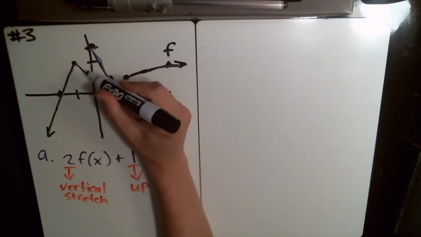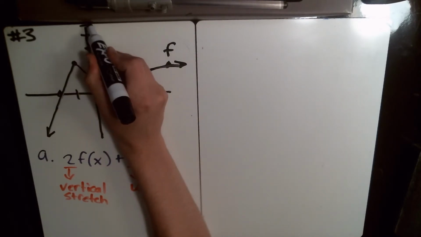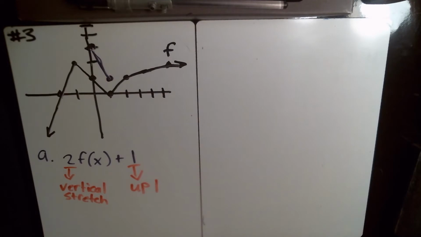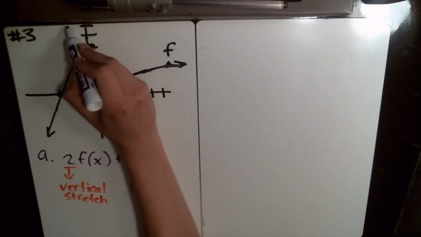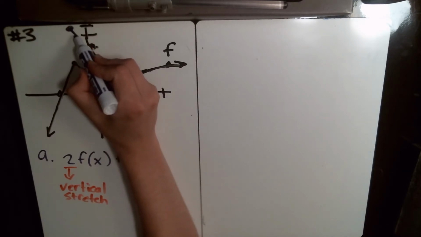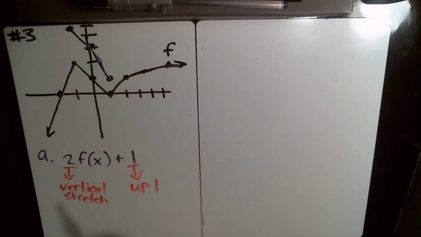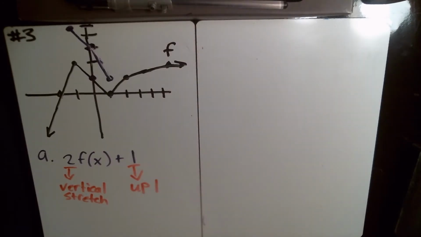So 1, 2, 3, 4, and then maybe we can fit one more up there. 5. Oops, sorry. This should be a straight line all the way through, but I didn't draw my graph super well.